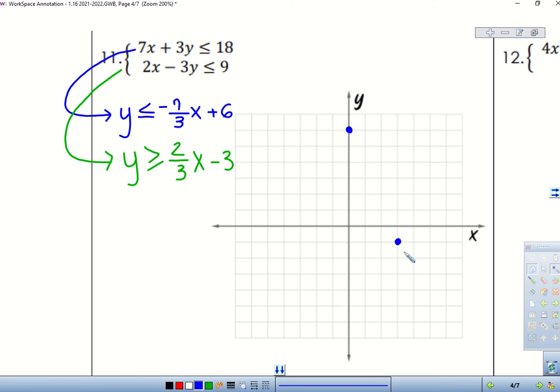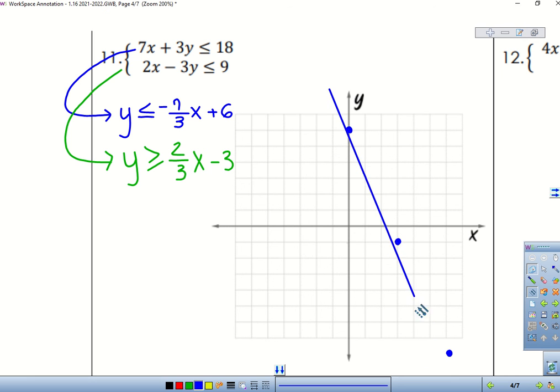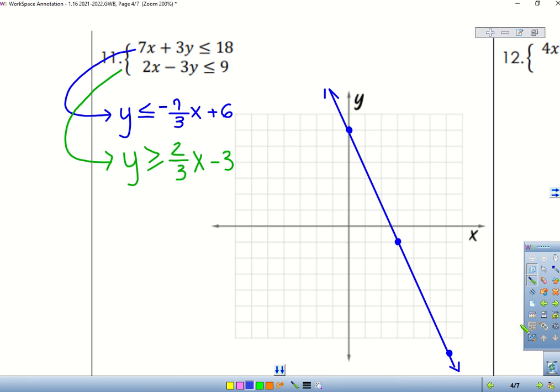And if you try to do it again, you go off the graph a little bit, that's okay. And this is going to be a solid line. And are we going to be shading above or below? On the blue one. Below, very good.